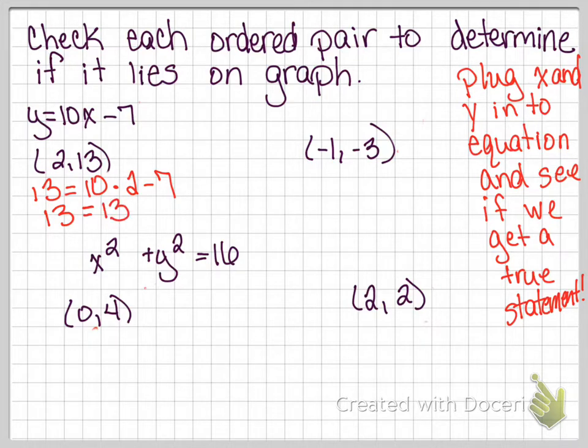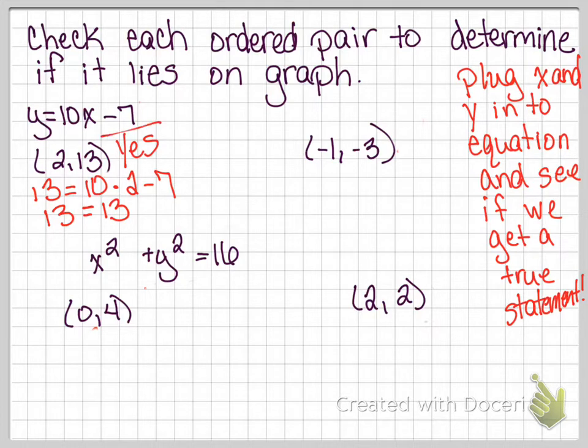Okay. Because I got a true statement, that means that this point is on that graph. The point (2, 13) is on that graph. So I'm going to write, yes, the point (2, 13) is on that graph.